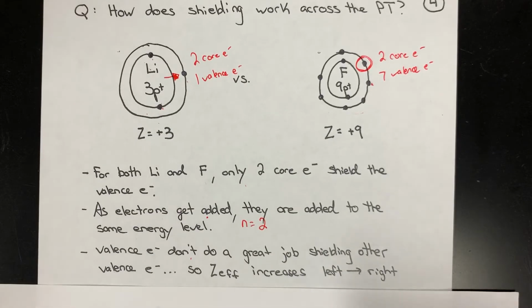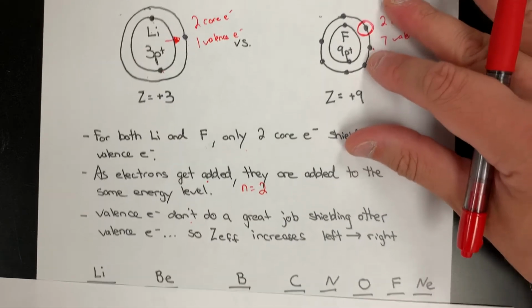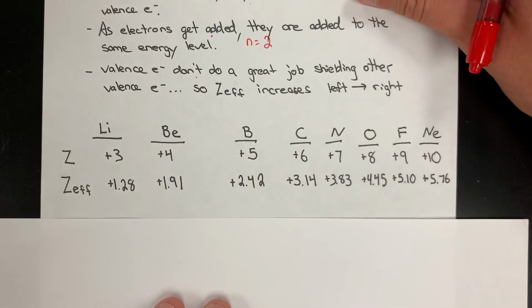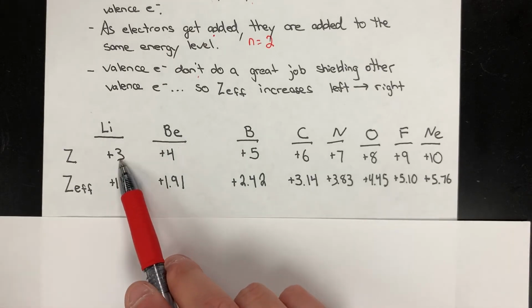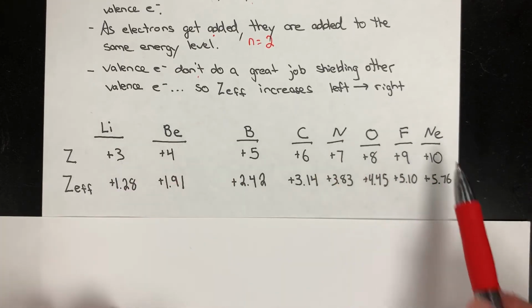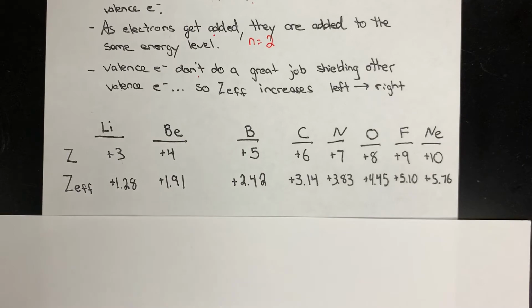And so as we move left to right on the periodic table, our effective nuclear charge does in fact increase. And that's what we see with these numbers. Going back to the pure nuclear charge, just the number of protons, as we go from lithium all the way to neon, +3 up to +10.